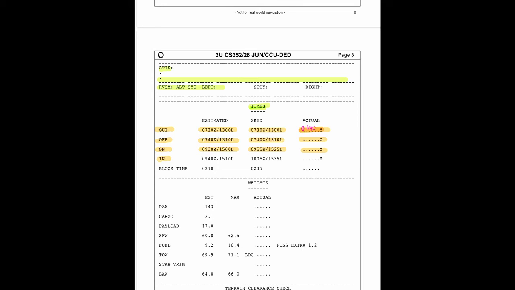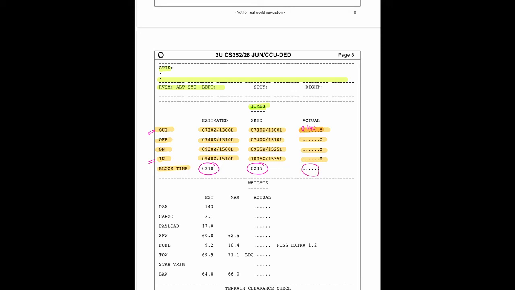In time means in the gate position, when the aircraft reaches the gate, which also takes 10 minutes, approximately 10:05 Zulu time. So block time, from out time up to in time, total will be 2 hours and 10 minutes, and scheduled is 2 hours 35 minutes, but the actual we don't know.